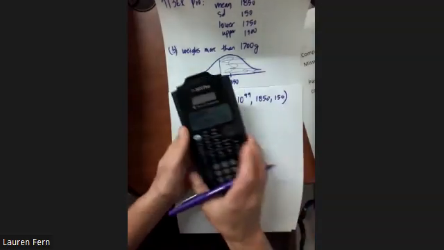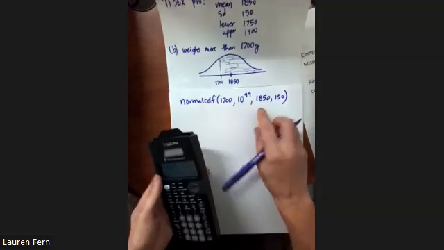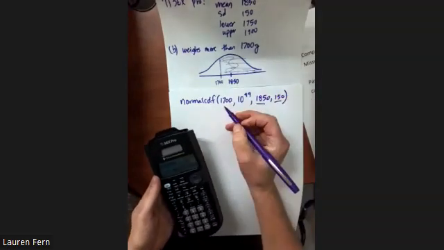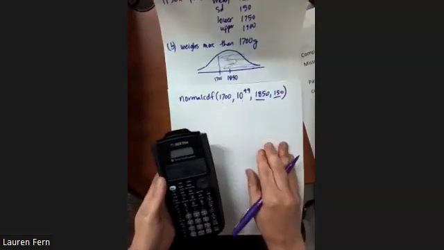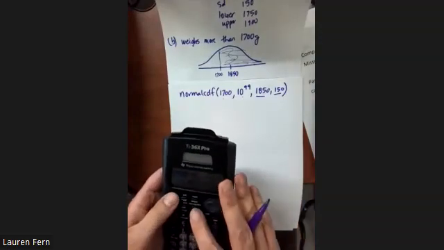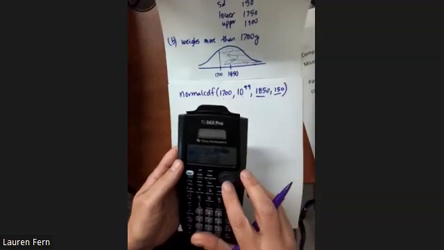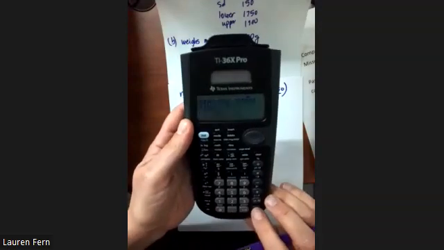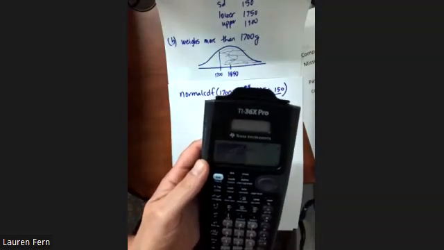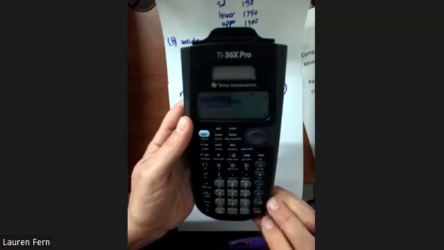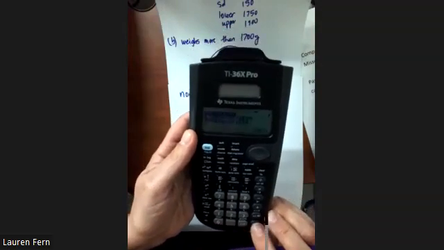And then we put in our mean and our standard deviation. And again, if you have this calculator here, you're going to first put in your mean, standard deviation, and then your lower and your upper. So I will go here again, normal CDF. It kept my mean and my standard deviation, which is just awesome.